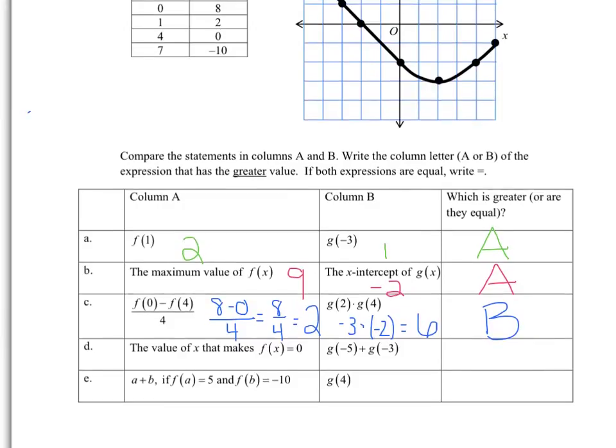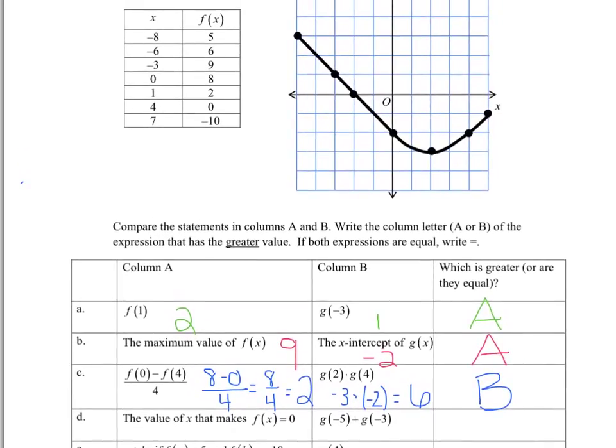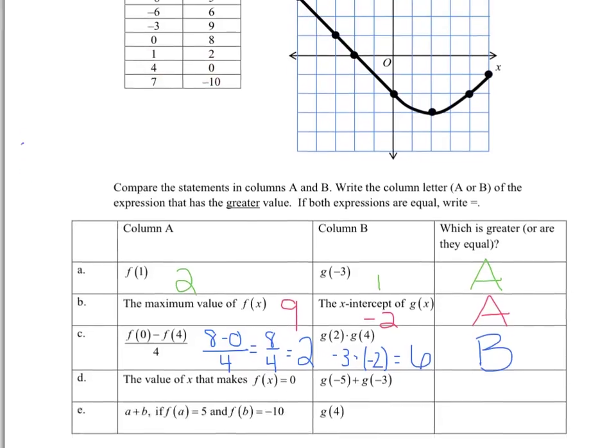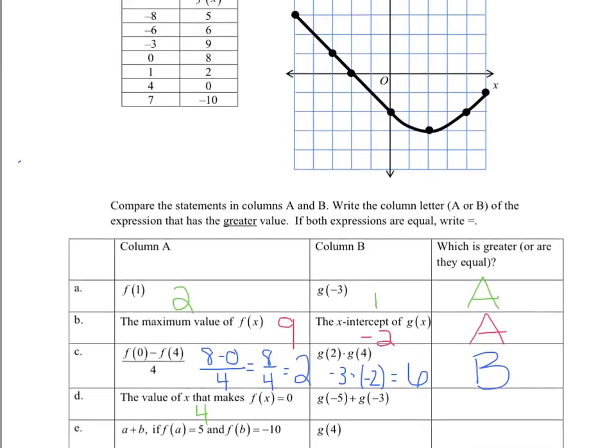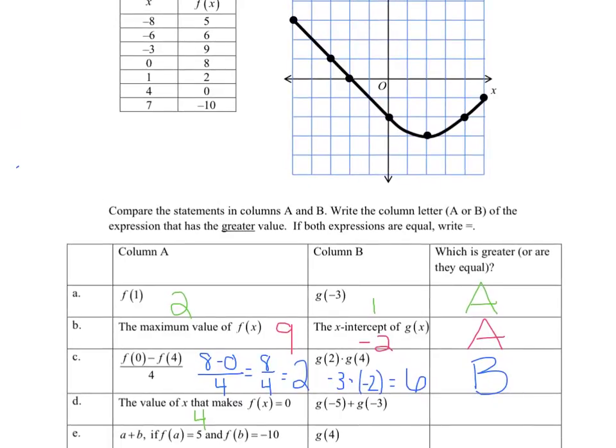Next we have the value of x that makes f of x equal to 0. So looking back at our table, the value of x that makes f of x equal to 0 is when f of x equals 0, that is 4. So the value of x that makes f of x equal to 0 is 4. Next we have g of negative 5 plus g of negative 3. G of negative 5 is 1, 2, 3, 4.